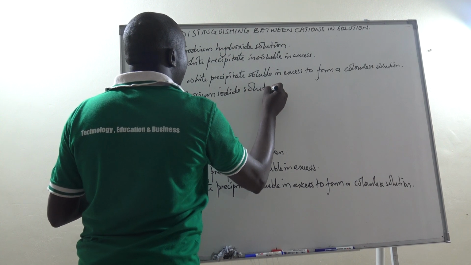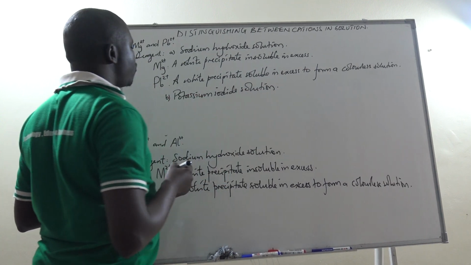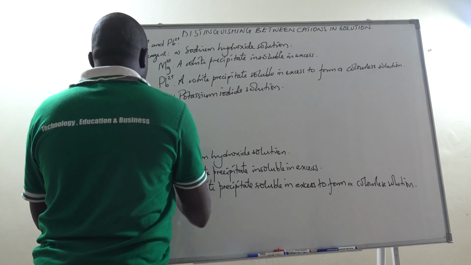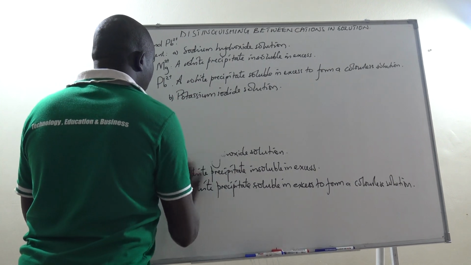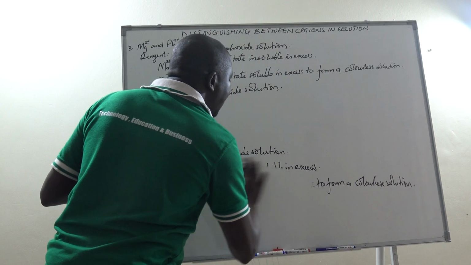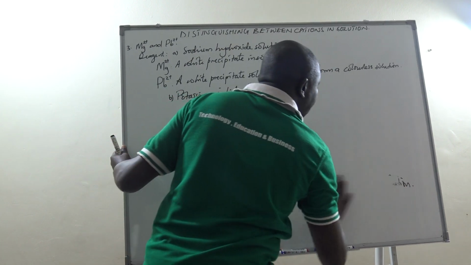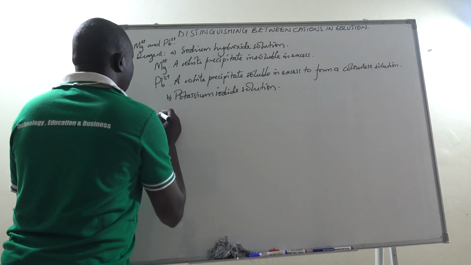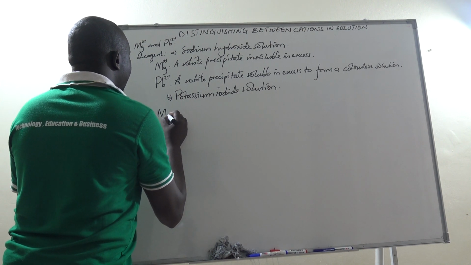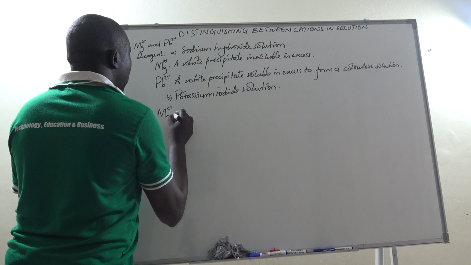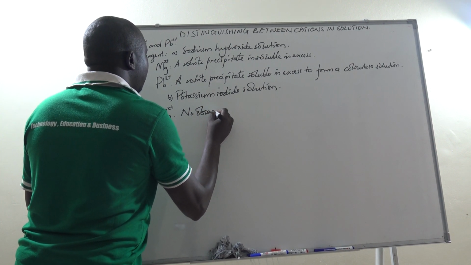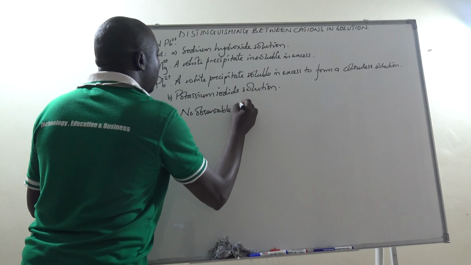solution. And in this case, we just apply a few drops of the reagent to a solution containing magnesium ion and then to a solution containing lead 2 ion separately or independently. Now let us try to see. In this case, the magnesium ion will give us no observable change.